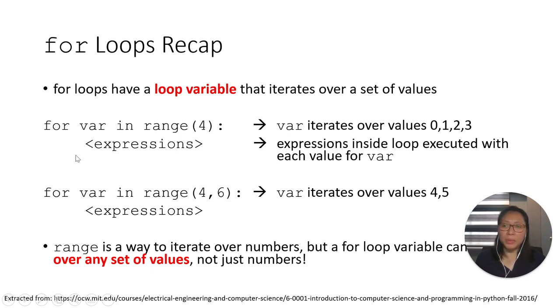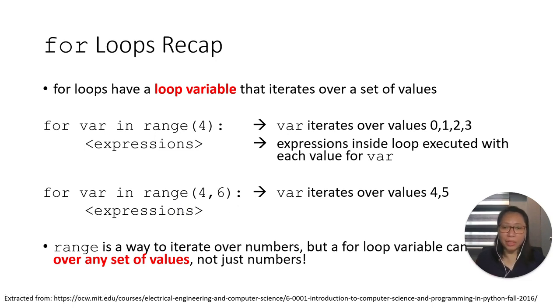We did some examples earlier, let's say for var in range 4, this means that this for loop iterates over the values 0 to 3, and for every iteration, var gets each value. In the second example, var iterates over the values 4 and 5.